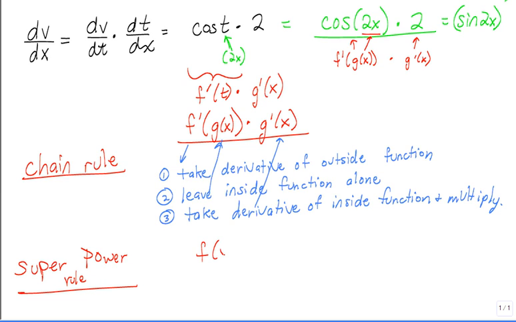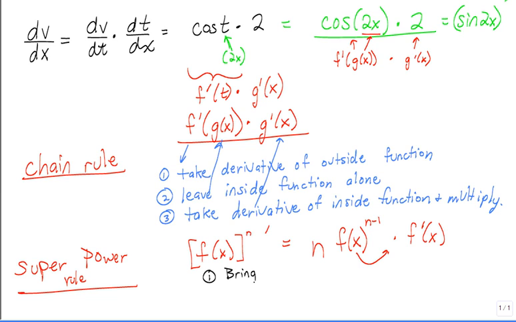If you have a function raised to a power that you want to take the derivative of, then you bring the power down, leave f alone, subtract 1 from the exponent. That's the power rule. But then you have to come back and take the derivative of the function. So this has 4 steps.